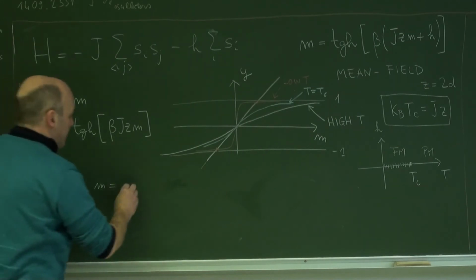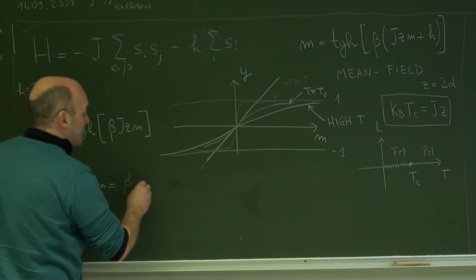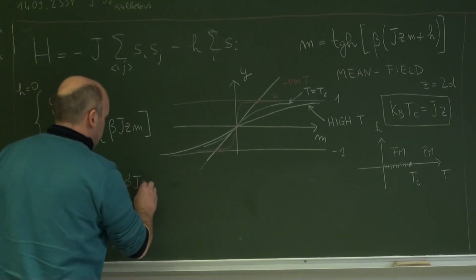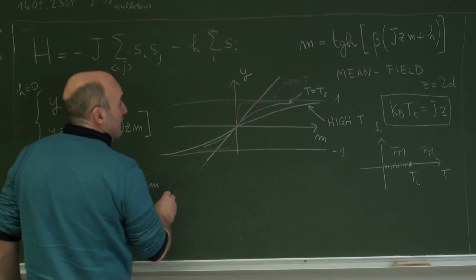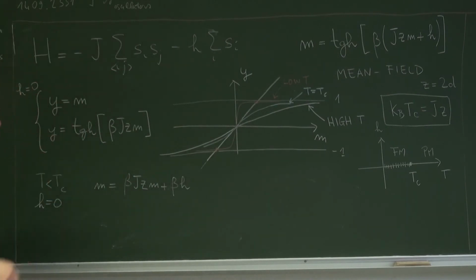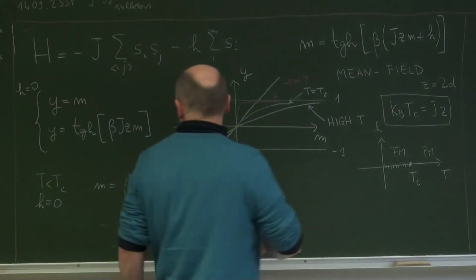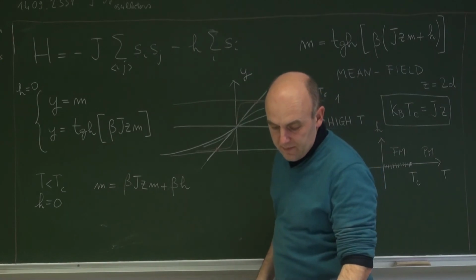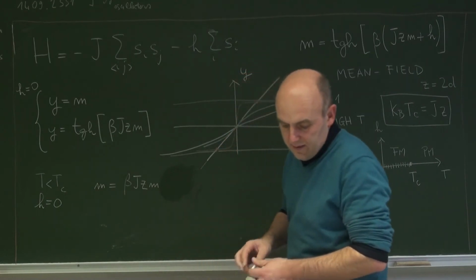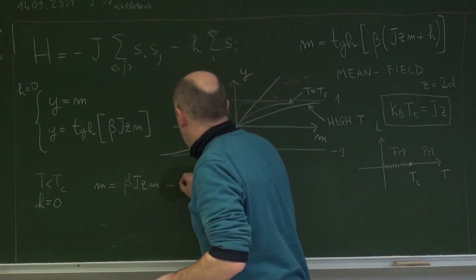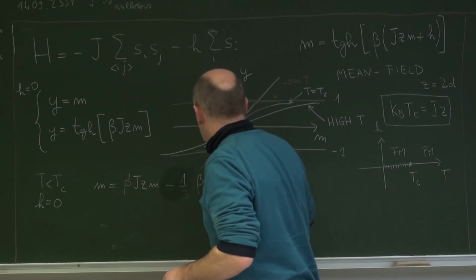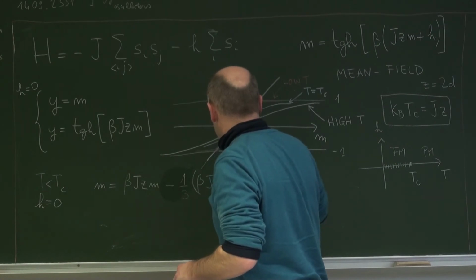If I set h equal to 0, the Taylor expansion tells me that this is beta J z m minus 1/3 beta J z to the third m to the third.